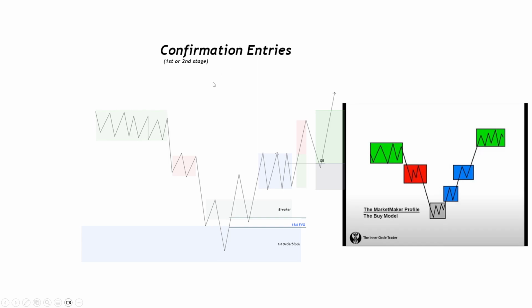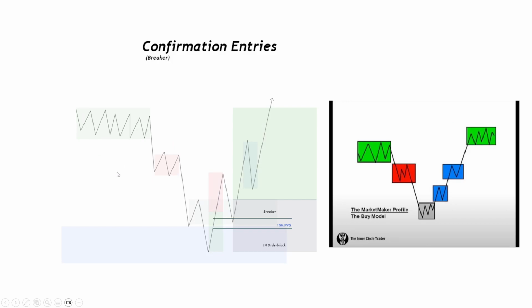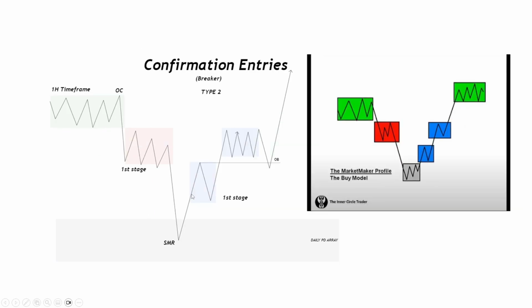And the reason why this is a confirmation entry, not a risk entry, is because we wait on the 1 hour for the 15-minute time frame to do this, or 5 minutes. So if we go back to the daily time frame, let's say we had a daily discount array, then we wait for the 1 hour to shift structure, so something like here. Let's say we're waiting for the 1 hour to be in first stage of accumulation here.